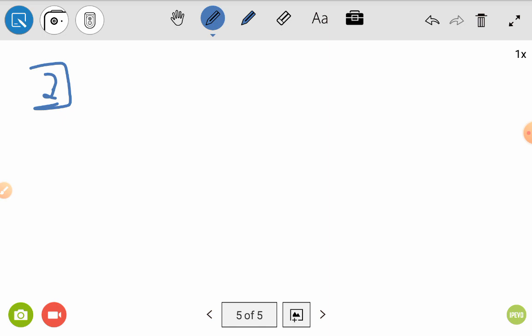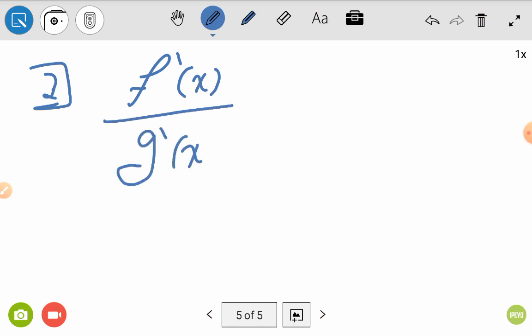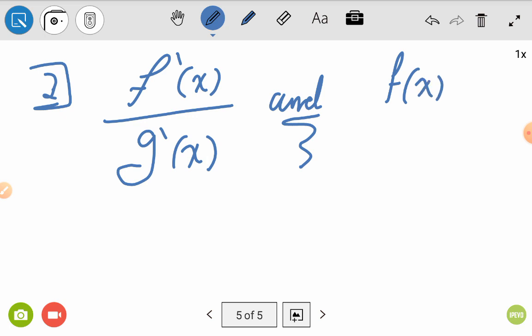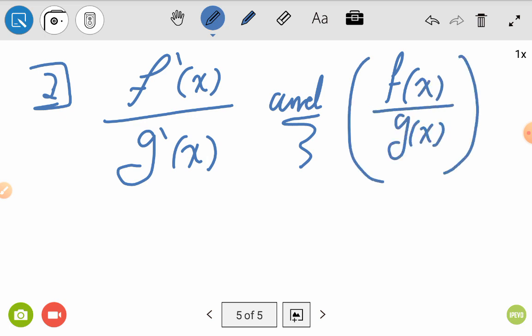In L'Hopital's rule we find f prime of x and g prime of x separately. Don't treat f of x over g of x as one fraction and find the derivative of the whole fraction by using the quotient rule.